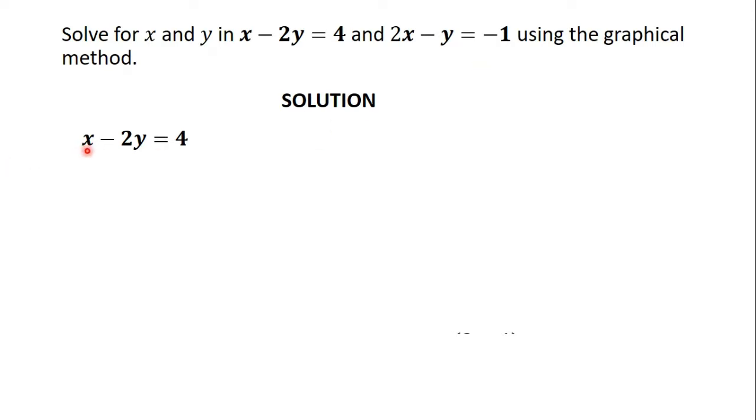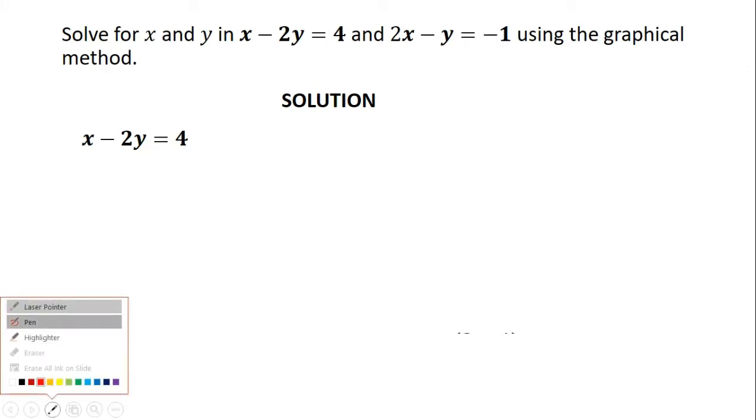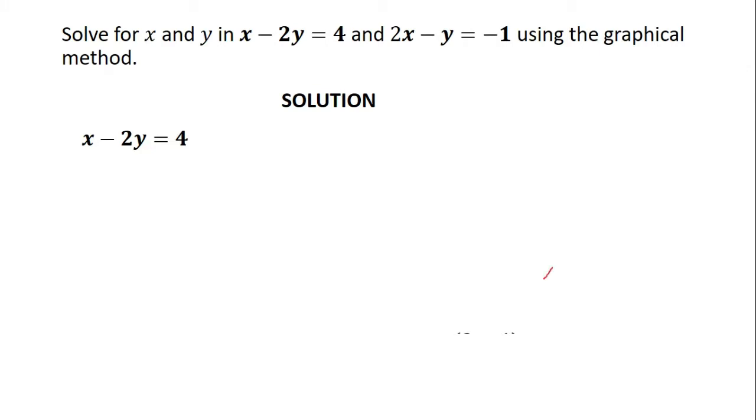This is a linear equation, so the graph of this is going to give you a straight line. So if you draw the graph of this equation here, you are going to have a straight line. We know that in drawing a straight line, you need at least 2 points that fall on the line. So if you have, let's say, a point here, and we have another point here, you can draw a straight line.